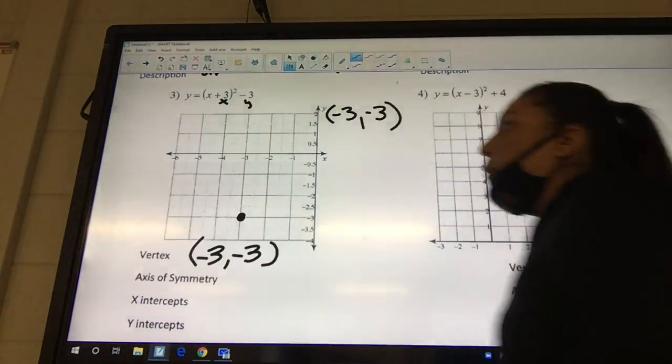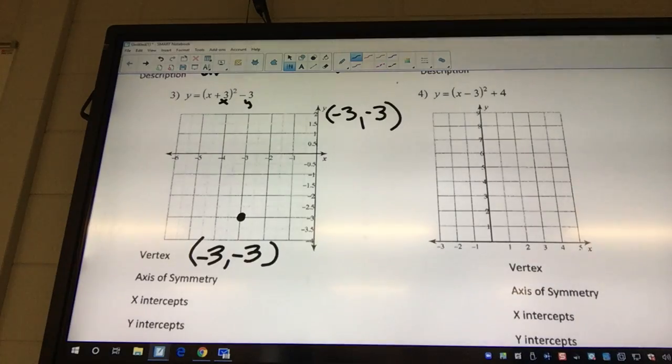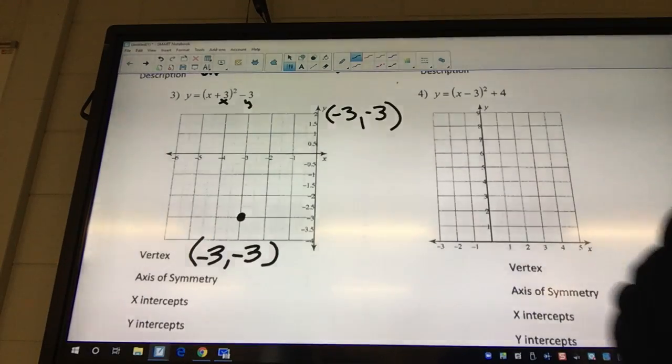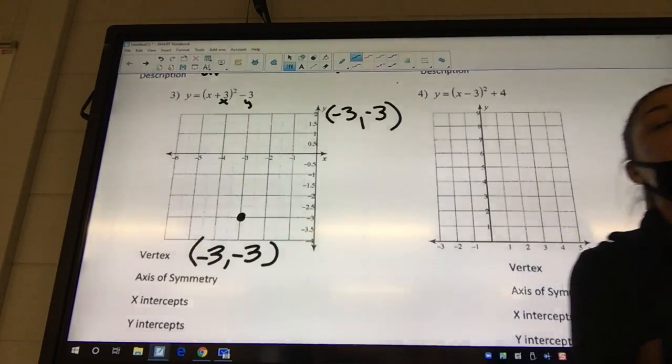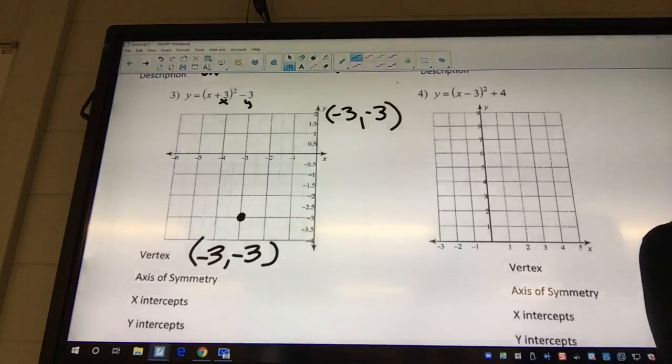Does this graph open up or down? It opens up. How can you tell that it opens up? That is a good point, but how can you tell other than that? How else can you tell that it opens up?